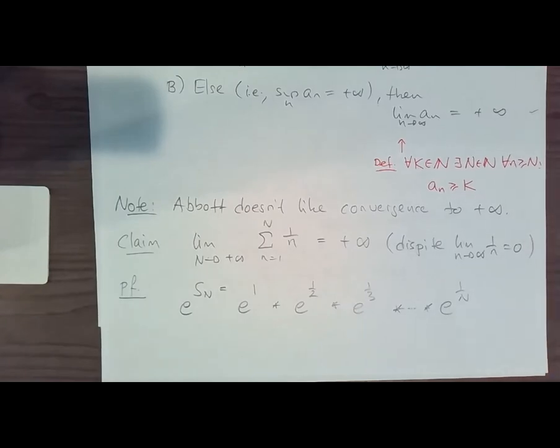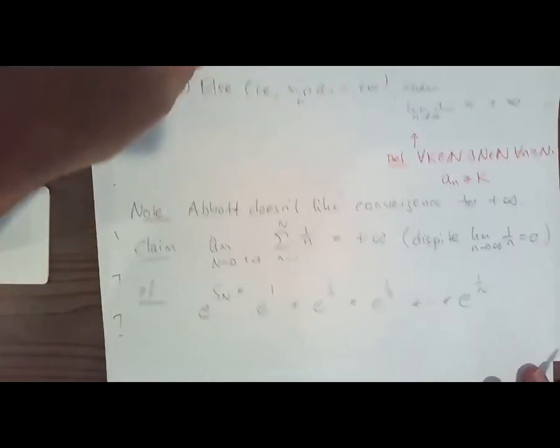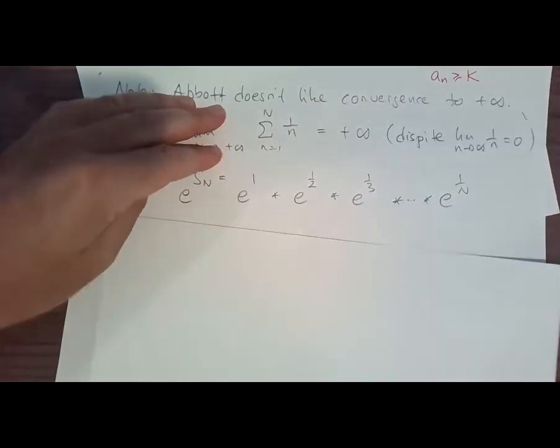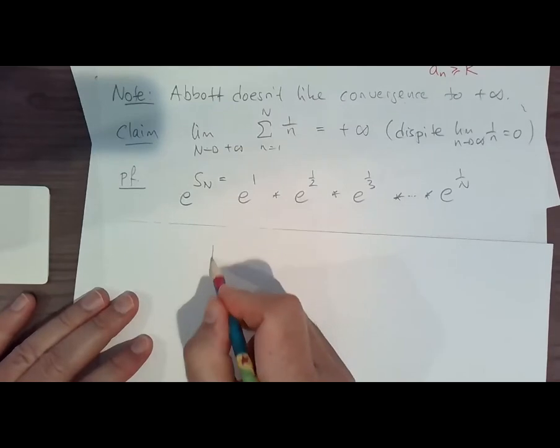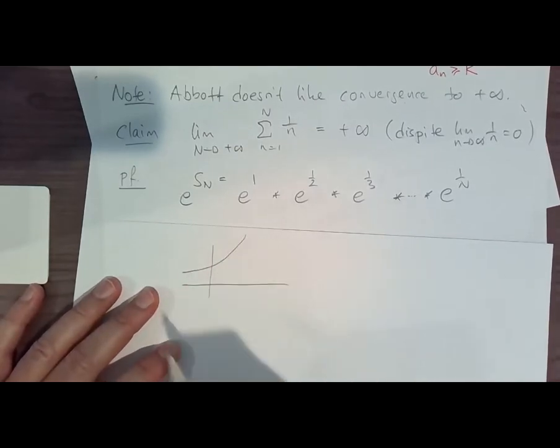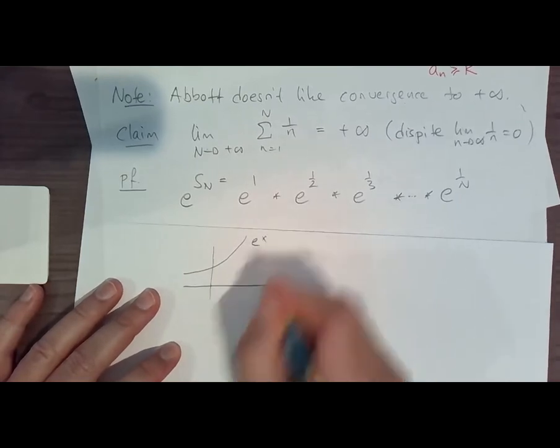So here comes the first trick. I'm hoping that we have all seen and worked with the exponential function. Let me make a little picture of it. The exponential function looks something like this. This is e to the x.